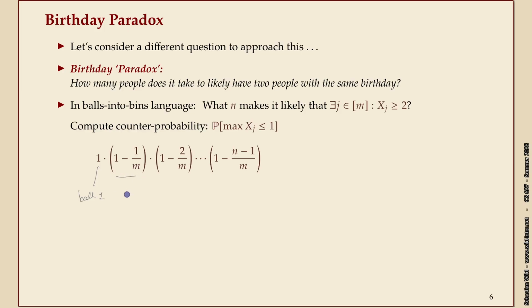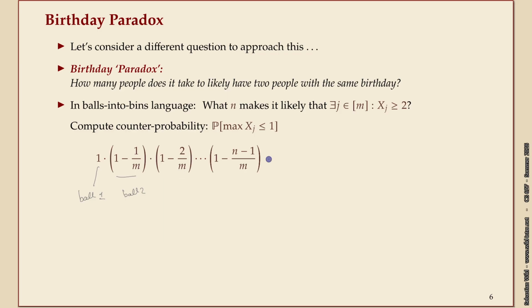But for the second ball, the bin that ball 1 picked is no longer available without violating the constraint of having at most one ball per bin. So one bin is gone, but everything else is still possible. And the same pattern goes on for the ith ball. There's i bins that have been taken. They have to have exactly one ball because we don't allow more. And so you always have 1 minus i over n.